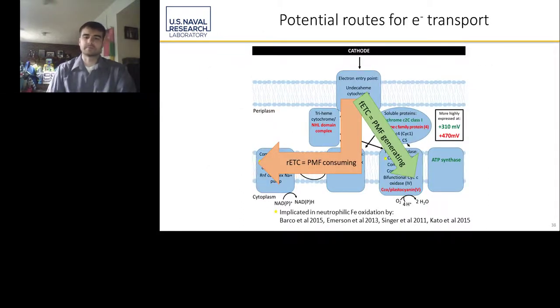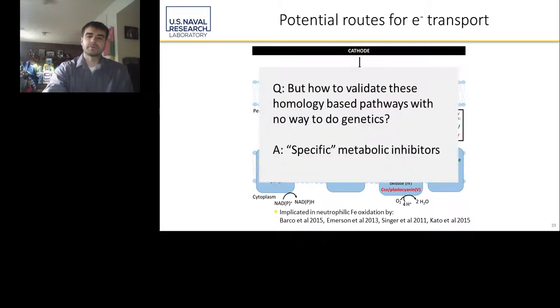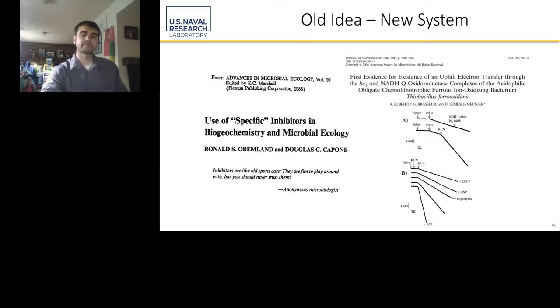So what we're going to look at now is how these potential routes for electron transport might be used, and how we might be able to tease some of this apart. The way we're going to do this is with specific metabolic inhibitors. These will block a particular part of each of these chains, and from that we can start to pull out what these things are doing.